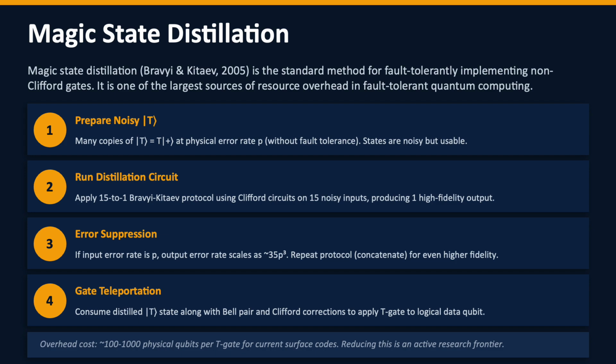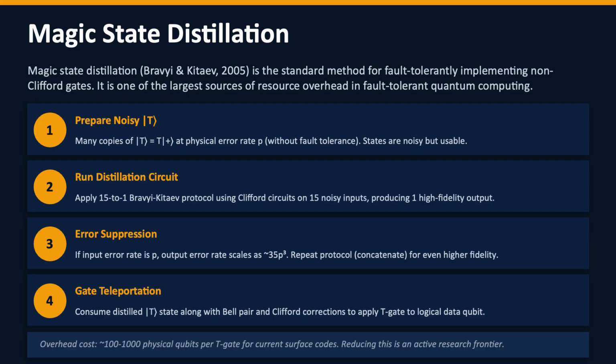The challenge is that preparing magic states is itself an error-prone process. The states you prepare directly from physical hardware will be noisy, imperfect versions of the ideal states you need. The distillation process is a clever protocol that takes many copies of noisy magic states as input and produces a smaller number of much higher fidelity magic states as output.